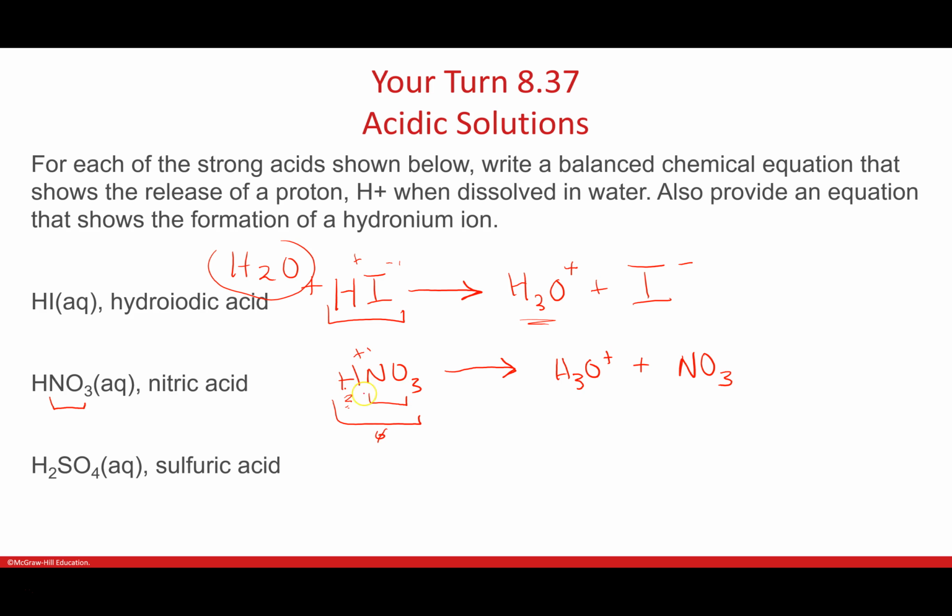This is +1, -1. Right, exactly. Yep, that's a -1. And I'm going to go ahead and on the reactant side, put my rider H2O molecule. So H2O plus HNO3 goes to form H3O plus NO3 minus. Very good.